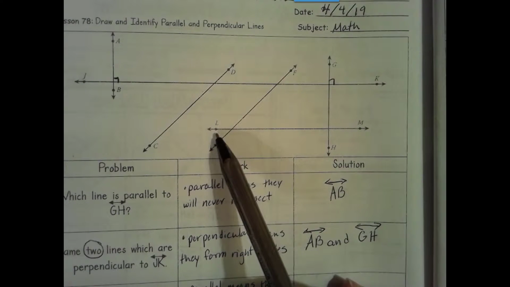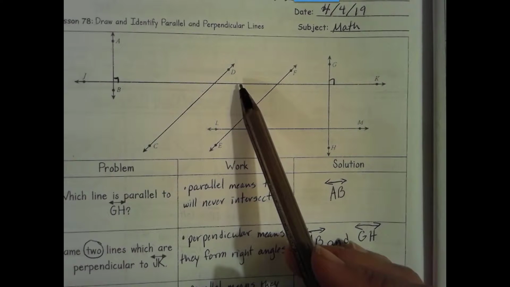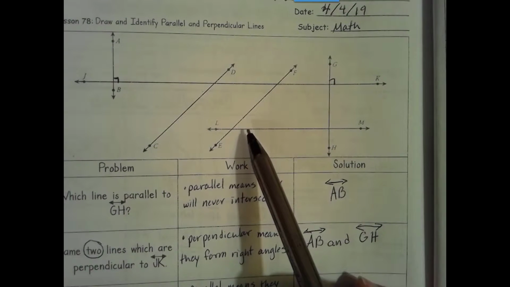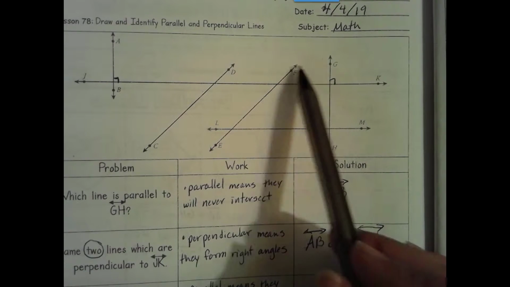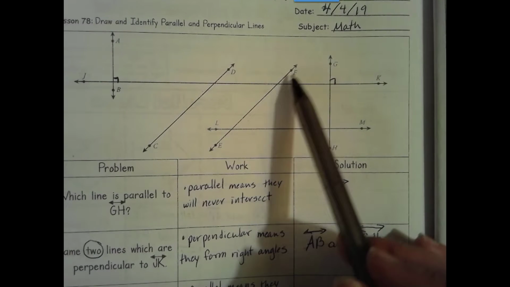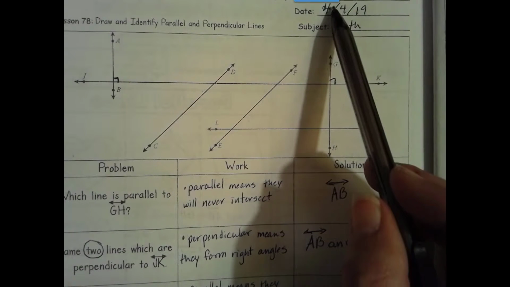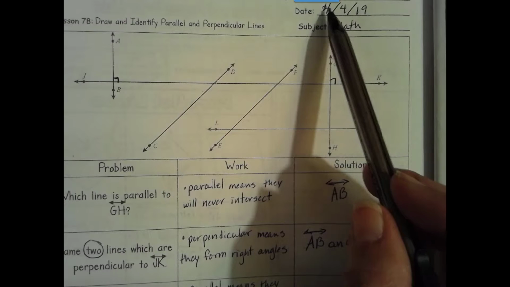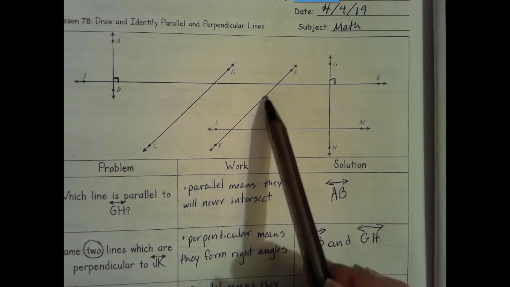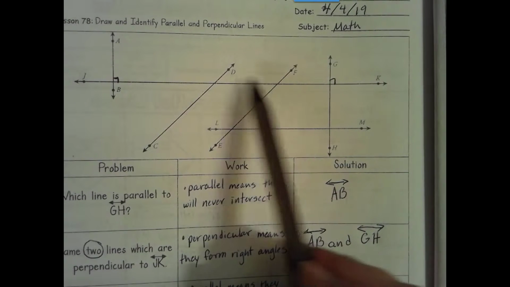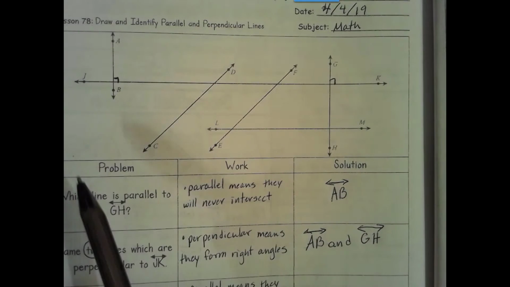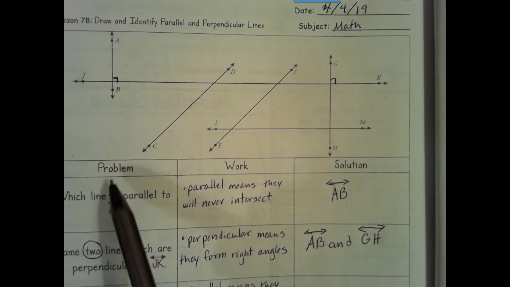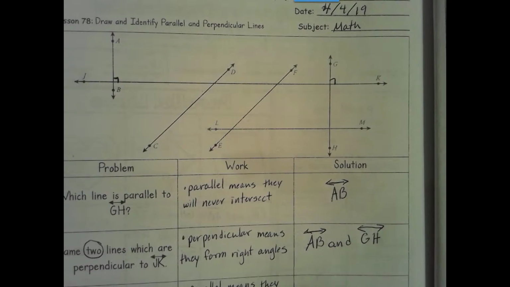EF does intersect LM and JK, so those are not parallel to it. Those are intersecting. It is not the same distance apart from GH. And if I continue them out, I can see where they'll intersect in the future. EF is not the same distance apart the whole way from AB, and if I extend them out, I can see where they would intersect.